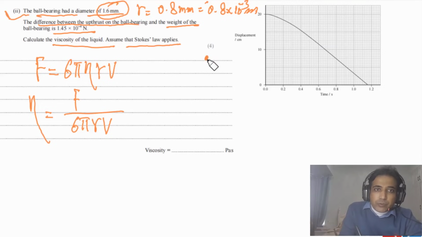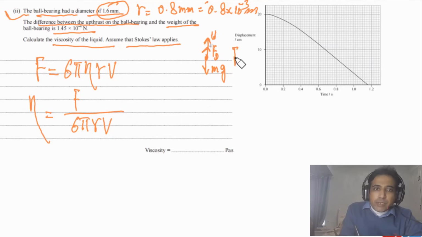It is given to us that when the ball bearing is falling down, upthrust is in the upward direction and drag force is also in the upward direction, and mg is acting down. So this one is mg.